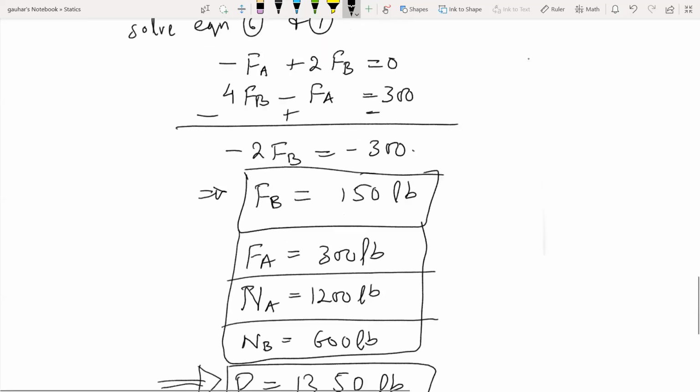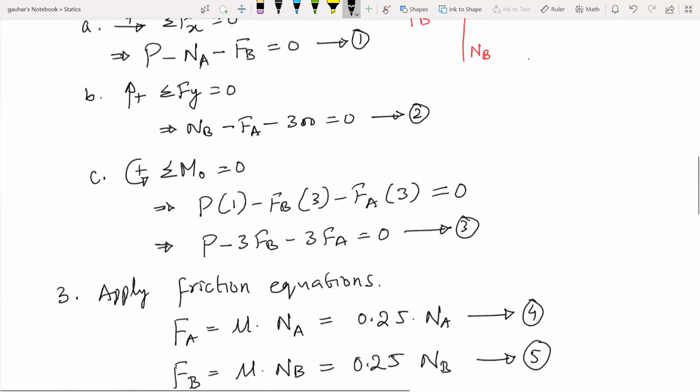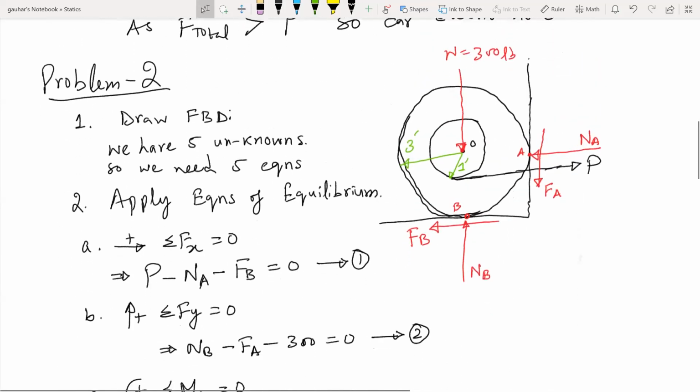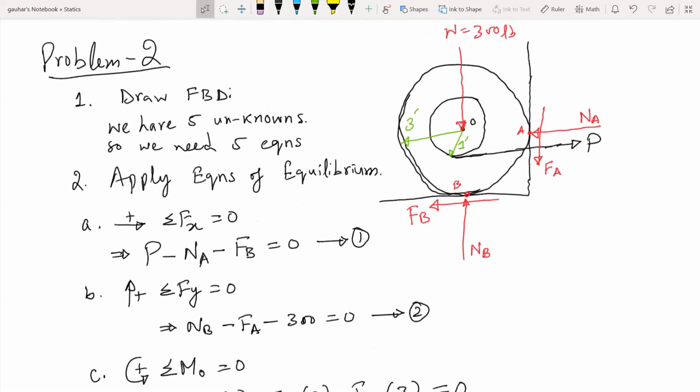Okay, so that's how we solved this problem. You just go back. So this was the spool which was resting on the ground at point A and against the wall at point B, right? And there was a force P applied to the wire, acting in the positive x direction, and we were required to find this force P to pull this wire.